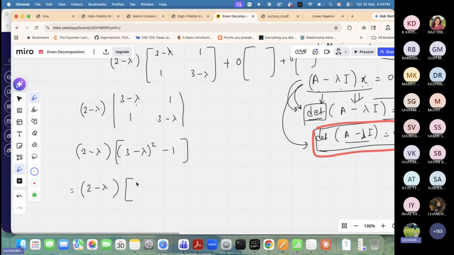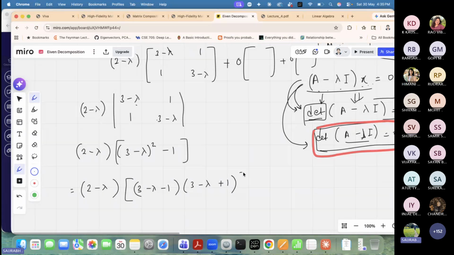If we expand this entire thing, I'm thinking of a squared minus b squared, which is a minus b times a plus b. So 3 minus lambda minus 1 is 2 minus lambda, and 3 minus lambda plus 1 is 4 minus lambda.